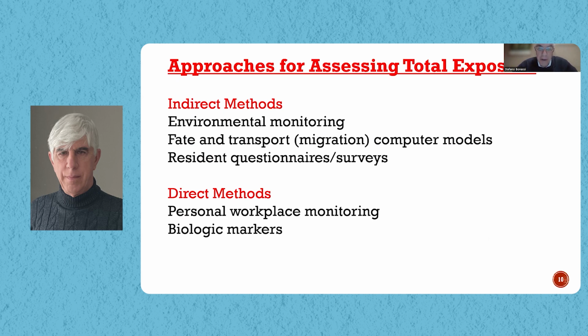And as I told you before, just to summarize, there are direct methods and indirect methods. Direct methods are based on the measurement of the compounds in the environment at the individual level.